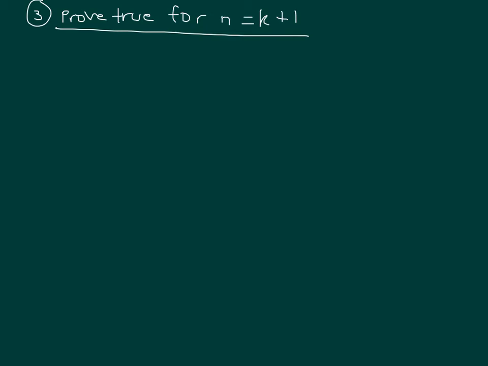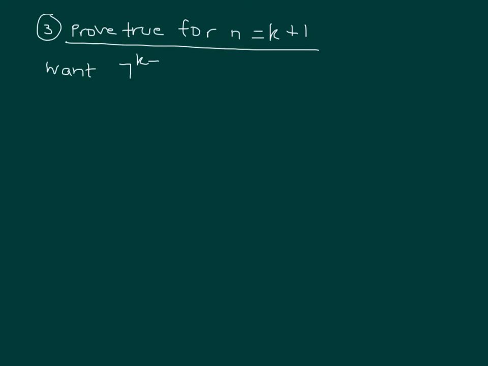So the statement, what we want to prove, is that 7 to the k plus 1 minus 1 is divisible by 6. Which means if it's divisible, then it divides evenly by 6, no remainders.